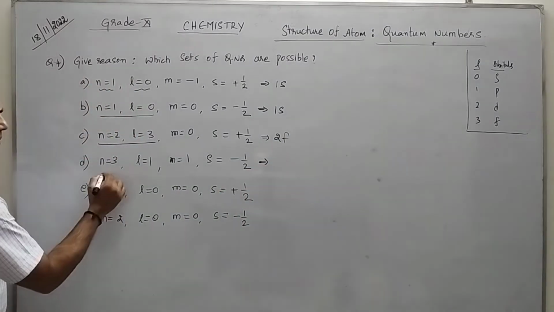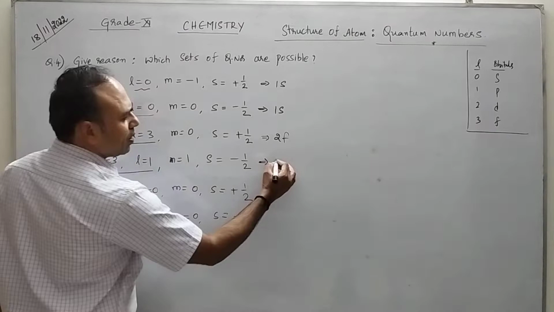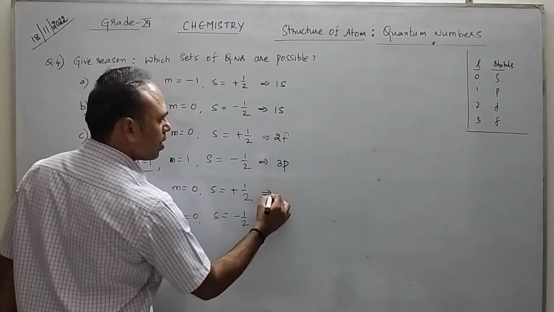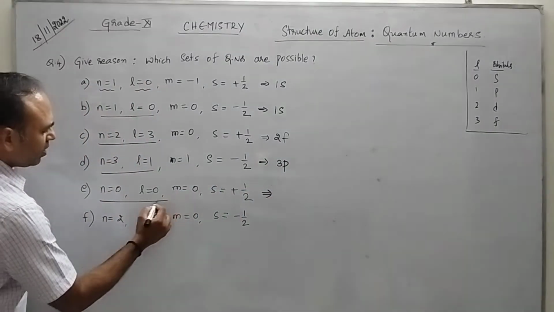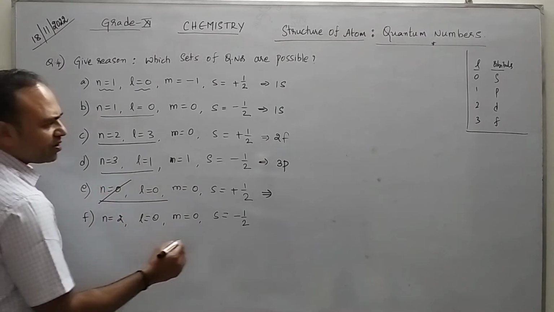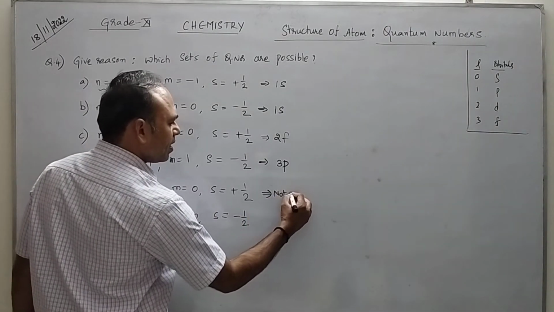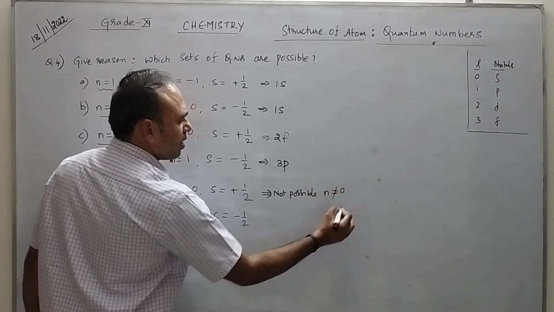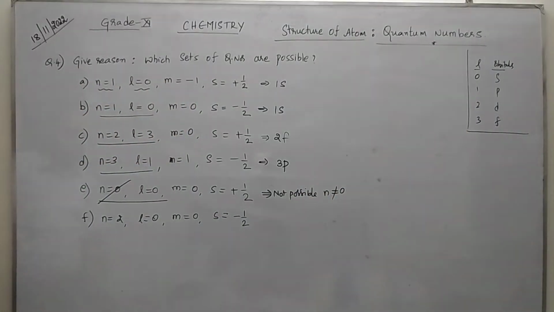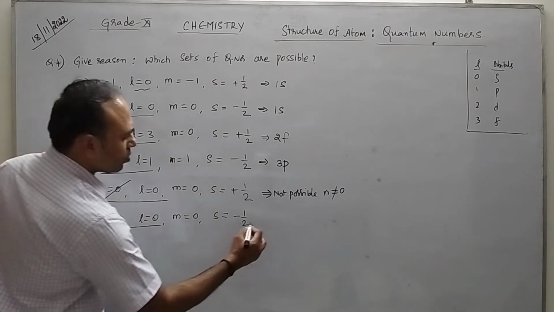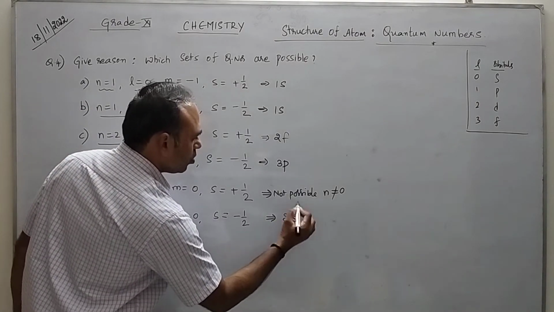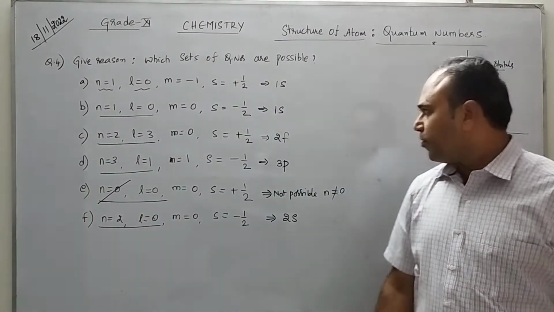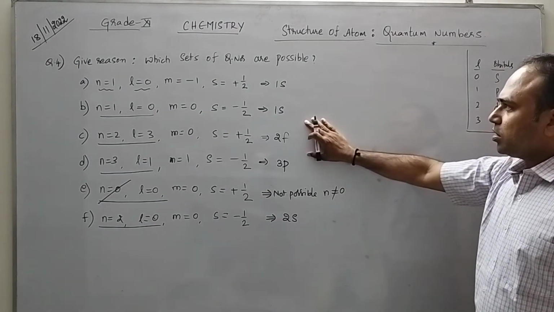Next one, 3 and 1, hence it is 3p. Next, 0 and 0, so very easy, n is 0 is never possible, so we can say that this is not possible since n can never be 0. Next, n is 2 and L is 0, so it is nothing but 2s.